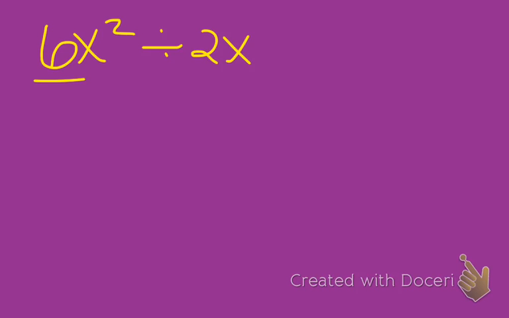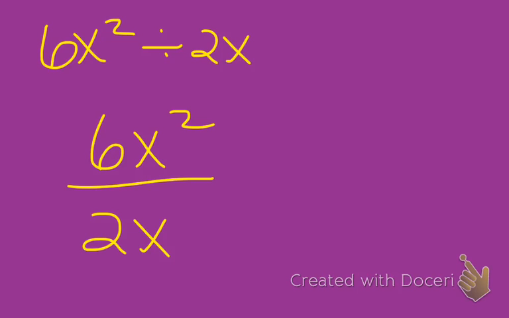Okay. And so let's do 6x squared divided by 2x. So that means this one goes on the numerator, 6x to the 2nd over 2x. So the 6 and 2 reduce to, careful, we're dividing, this would be 3.